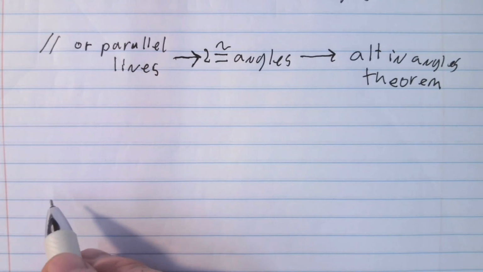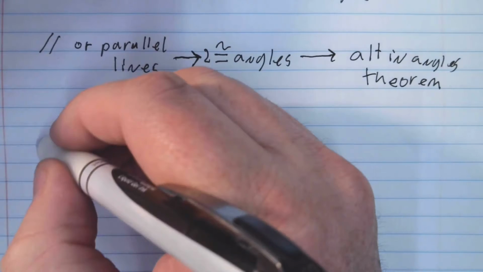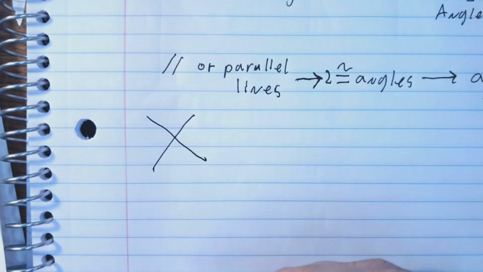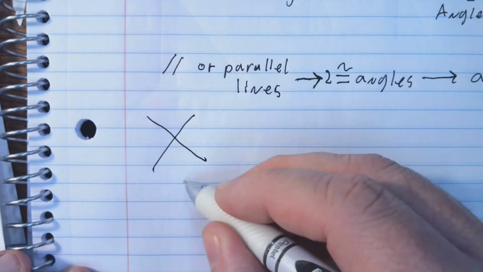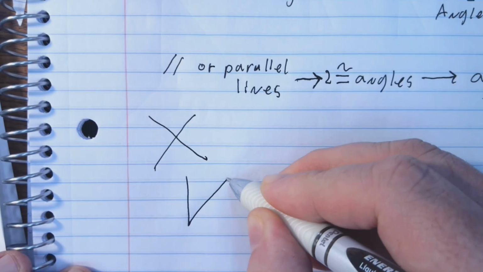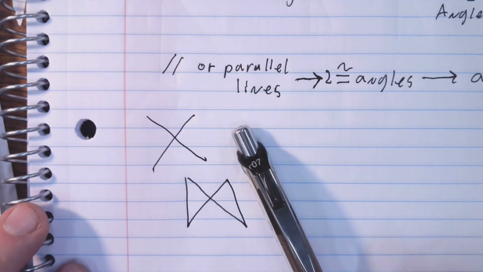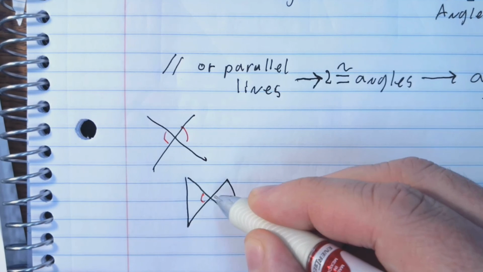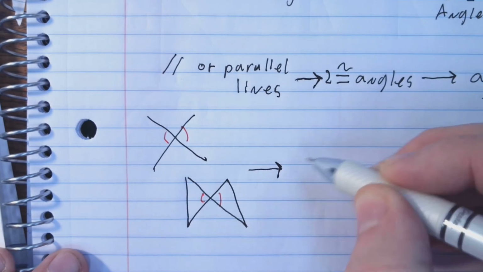Now I'm going to start drawing shapes. Okay? If you see a shape like this, or maybe, since we're doing triangles, it's not going to look like that. Maybe it looks like this. Probably what that's going to give us, again, two congruent angles.